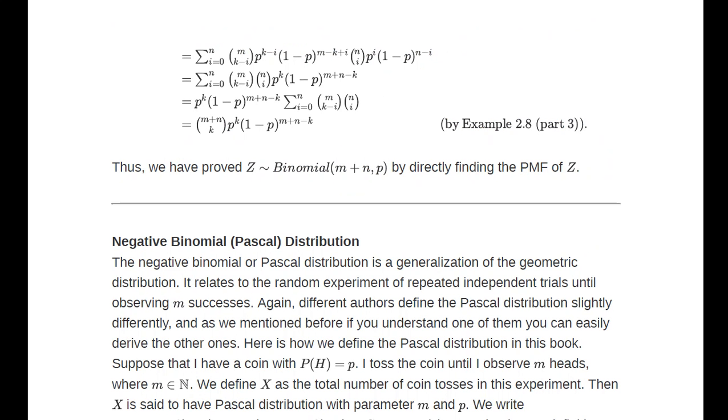Thus we have proved Z is distributed as Binomial(m plus n, p) by directly finding the probability function of Z. Thank you, and we will continue with the negative binomial distribution in the next lecture.